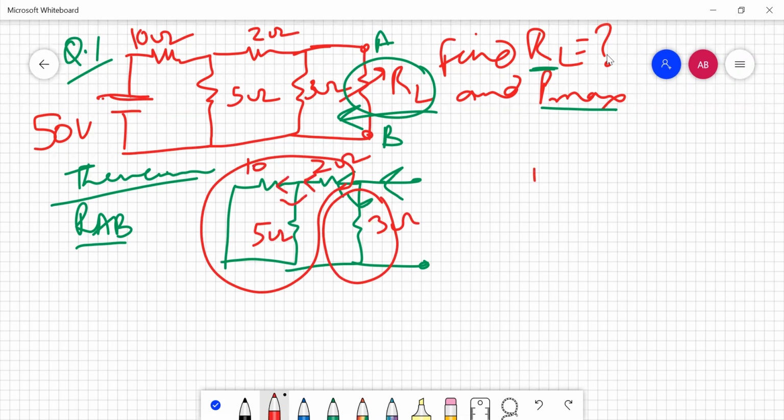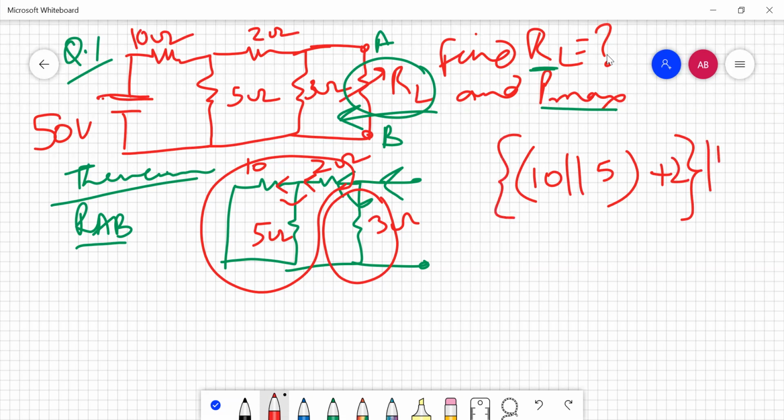So that makes it 10 in parallel with 5, then in series with 2, and then the whole combination will be in parallel with 3. So this is going to be the value of my RAB, and it comes out to be 1.92 ohms.